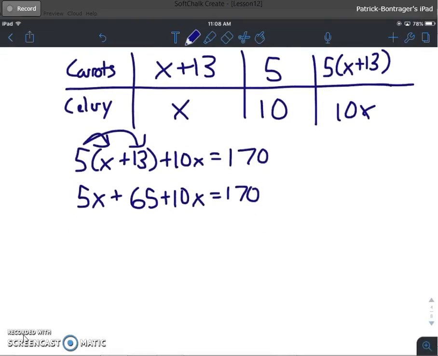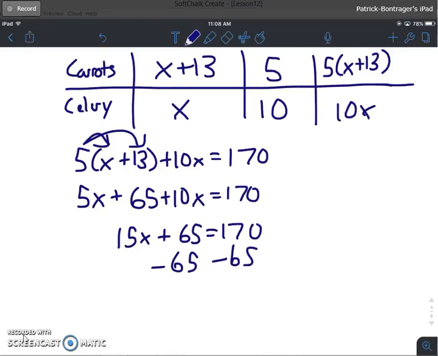Combine your like terms. Get x on one side and your constants on the other. Divide.